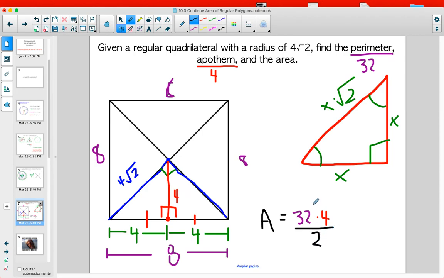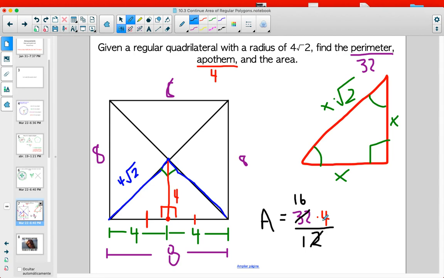Okay, let's do some algebra. 32 times 4 will give us a large number. So let's try 32 divided by 2. So half of 32, think about what that's going to be. That's going to be 16. And then this is going to turn into a 1. All right, so now we have 16 times 4, which is a little bit more doable than 32 times 4.